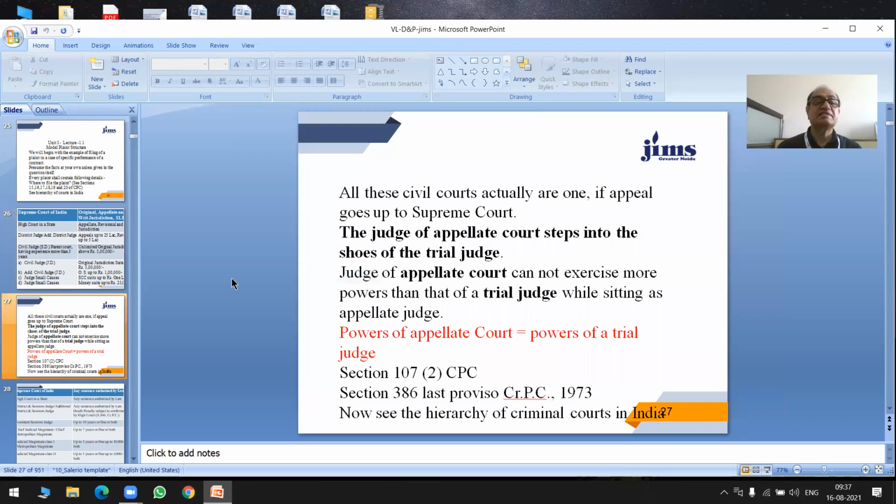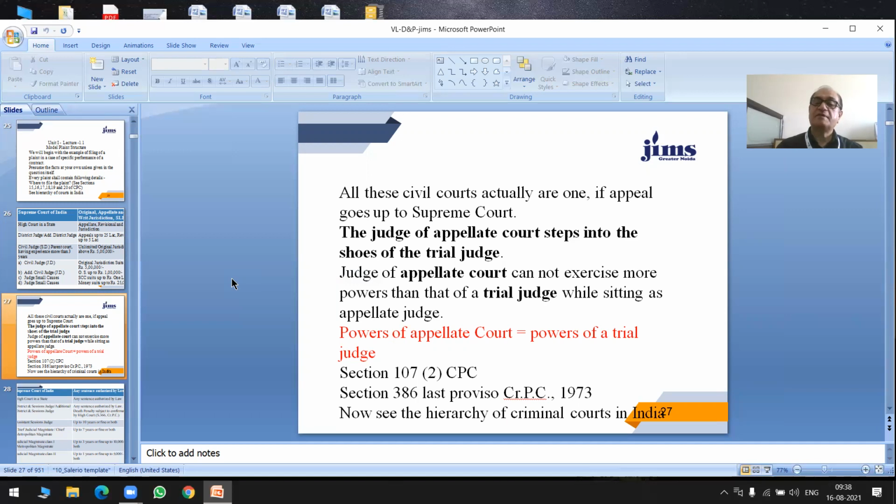Now, dear students, all these civil courts, which I have shown you from Supreme Court to Civil Judge Junior Division, all these courts are actually one if appeal goes to the Supreme Court. And so far as the powers are concerned, the judge of the appellate court steps into the shoes of a trial judge. And the corollary is that a judge of the appellate court cannot exercise more powers than that of a trial judge while sitting as an appellate judge.